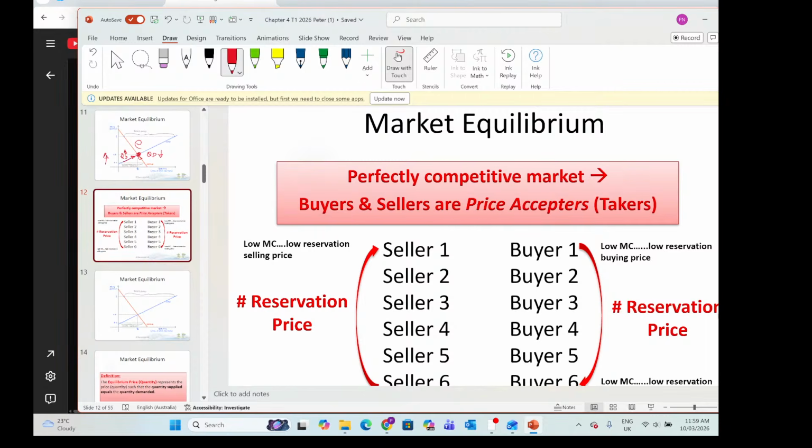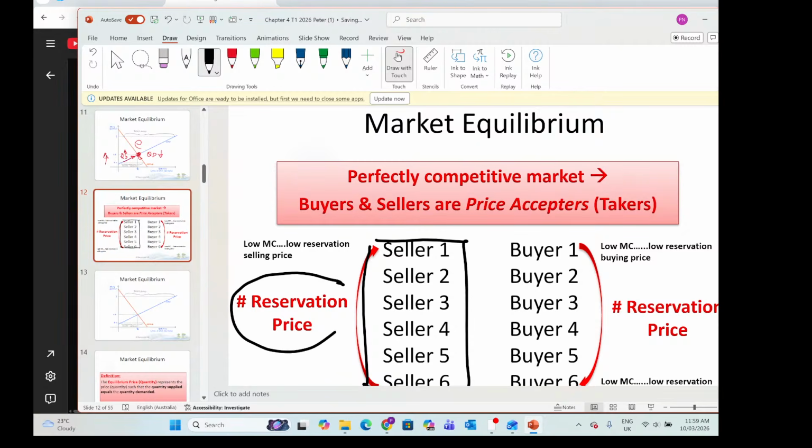I'm not going to spend long on this slide really, except that we're imagining in that market that we just looked at that there's a variety of sellers. We don't think of just supply. We think of all the individuals making up that supply. And these individuals all have a reservation price. So we need to think about this issue of the reservation price.